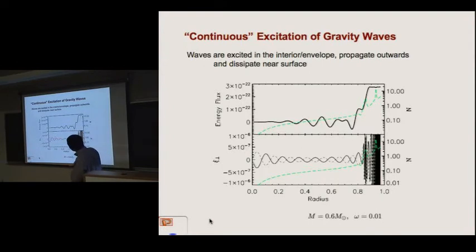If I simplify this even more, I have an outer layer of the star where square root of G rho is the orbital frequency.